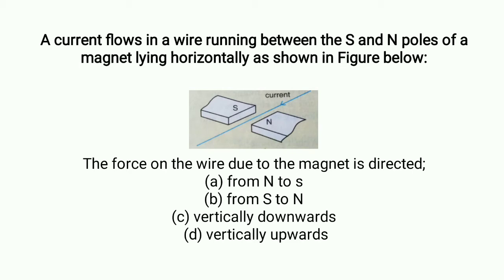To find the force on the wire, we look at the direction in which the wire displaces. When the current carrying wire is kept between the south and north poles, it is directed vertically downwards. Apply Fleming's left hand rule and you will get the answer: vertically downwards.